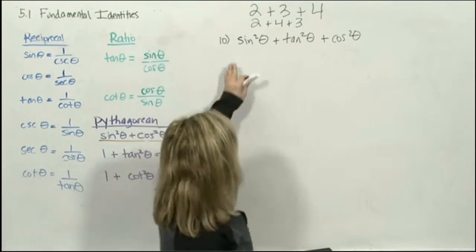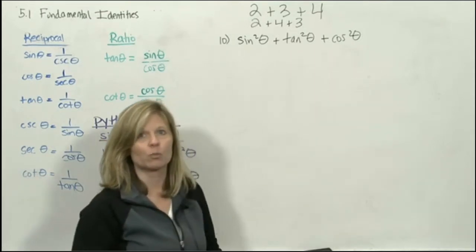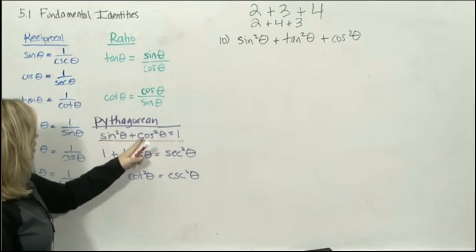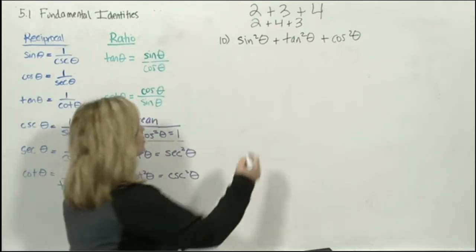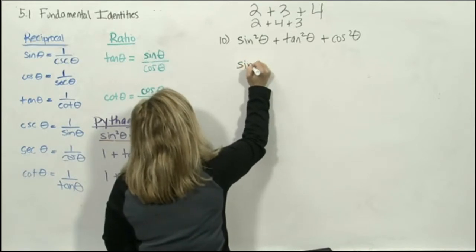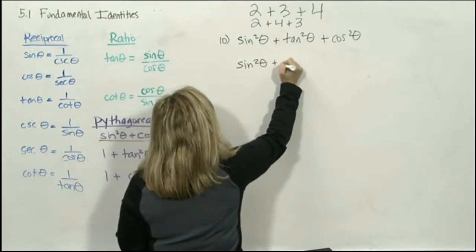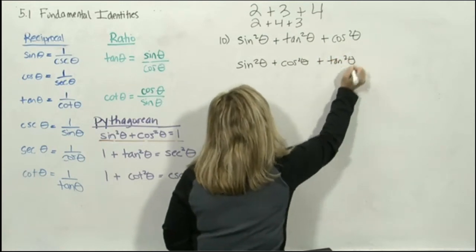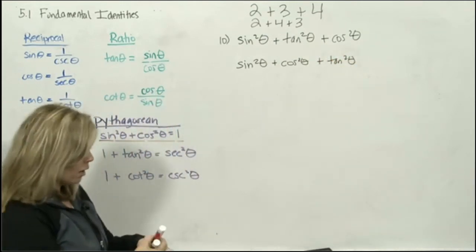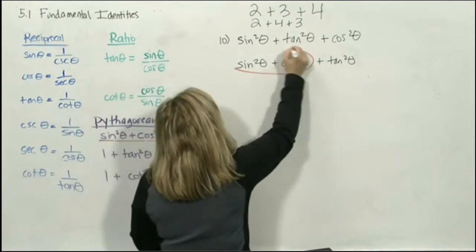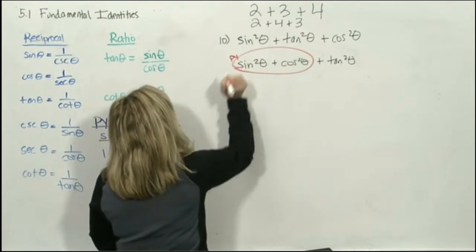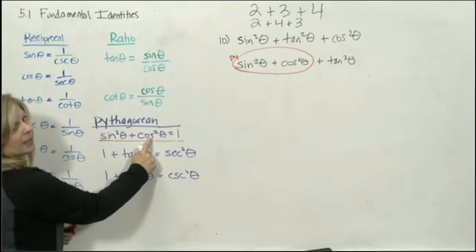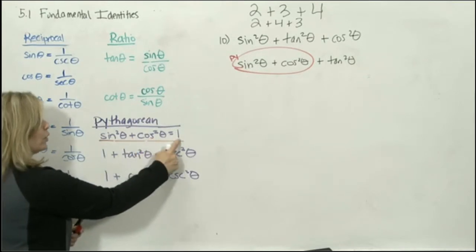So is there a way we can rearrange these three terms to get an identity? Sure there is. If I had sine squared plus cosine squared, I would know what it equals. So I'm going to rearrange this. I'm going to write this as sine squared plus cosine squared plus tangent squared. And now I know, right here is a Pythagorean identity. Because we know sine squared theta plus cosine squared theta can get replaced with 1.